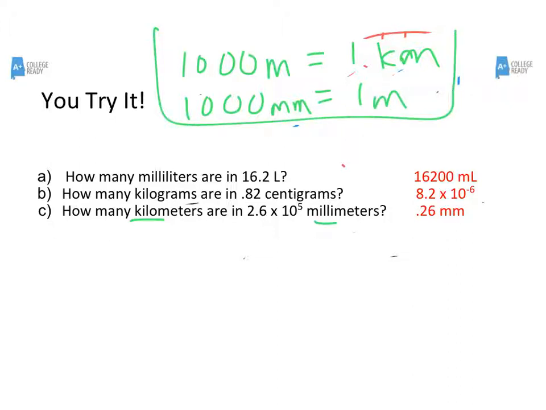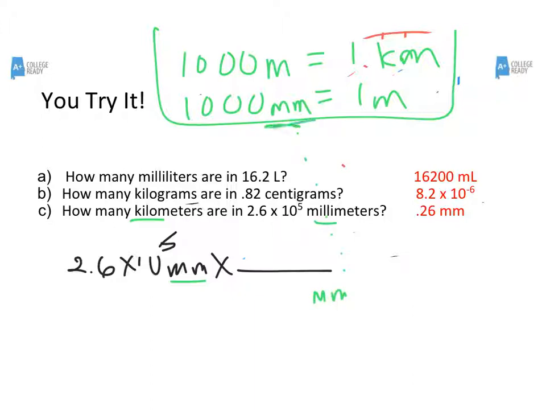Let's start with the given, 2.6 times 10 to the 5th millimeters. Whatever unit is here goes here. Go to the conversion factor, find the unit, take the number that goes with it, bring it down and put it with the unit. Go back to the conversion factor.